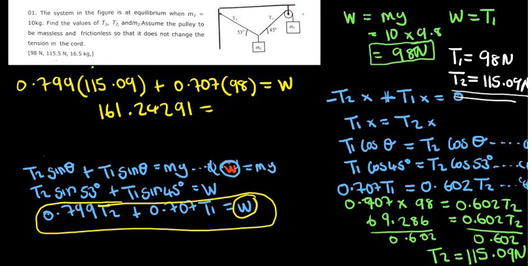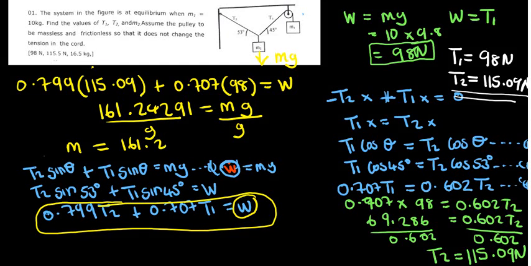So now this weight force, we know that it is mg. So we can now replace it here as mg. The gravity which pulls anything on earth downward is 9.8. So we can say over gravity, so that our m should be equal to the same value, 161.24291 over 9.8.